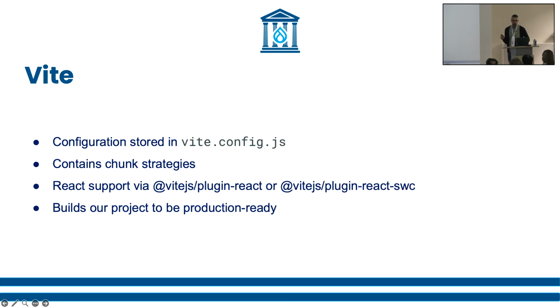React support is not built in by default, so we add it through a plugin, either vitejs plugin react or vitejs plugin react SWC, which uses the SWC transpiler instead of the Babel one. So this is the SWC transpiler, this is the Babel transpiler. The SWC transpiler is Rust based and is more powerful.